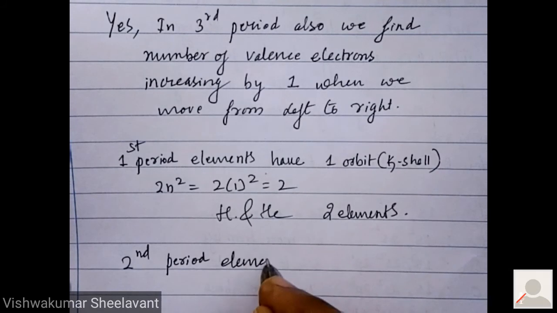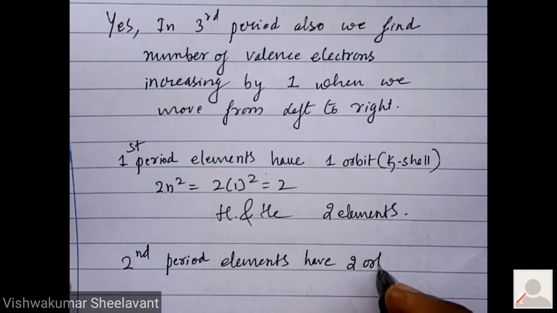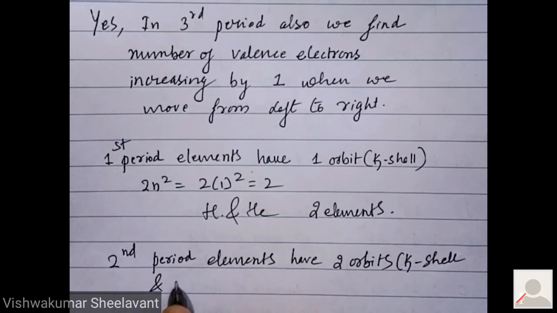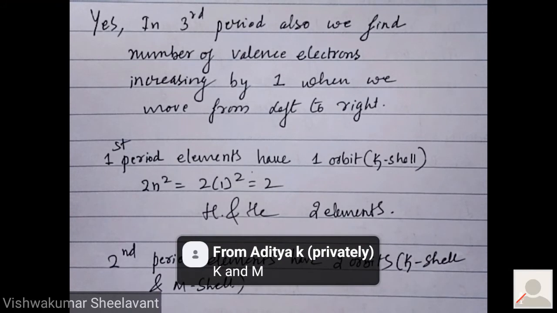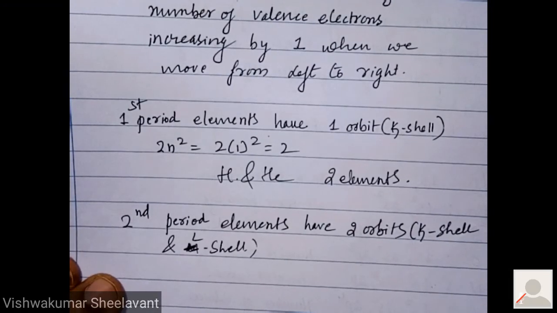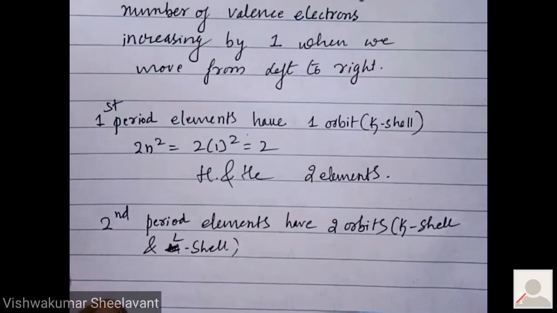Second period elements have two orbits, that is K shell and L shell. K, L, M, N, right? Not M shell, L shell.